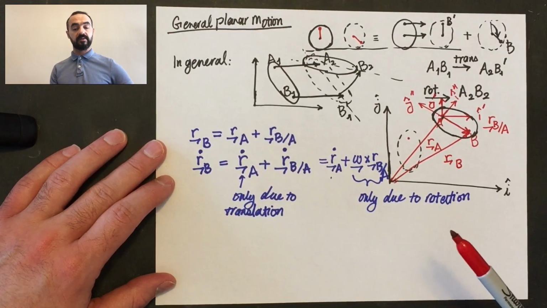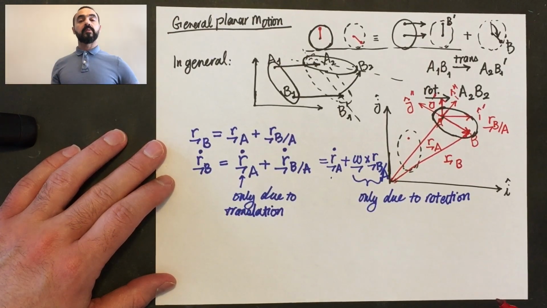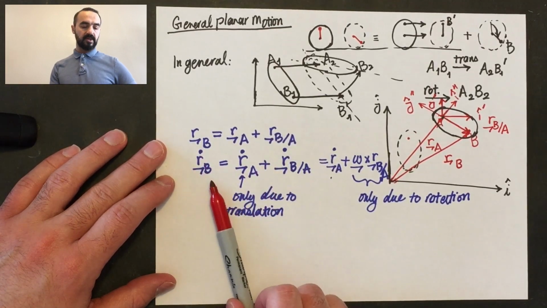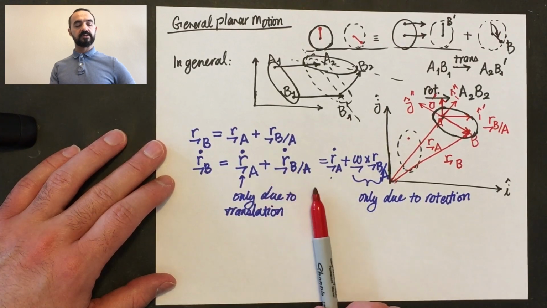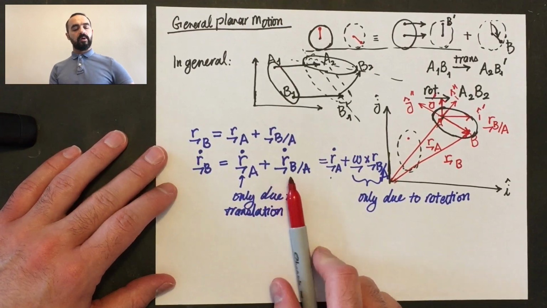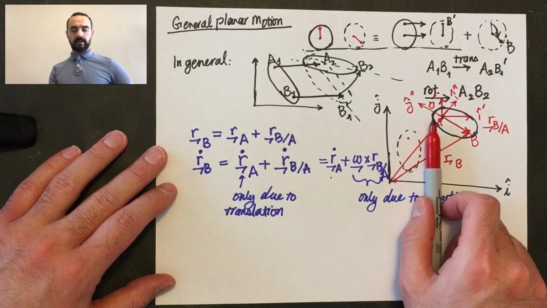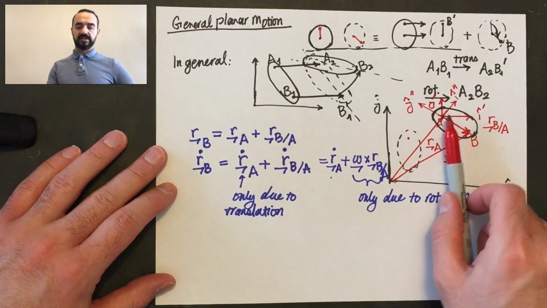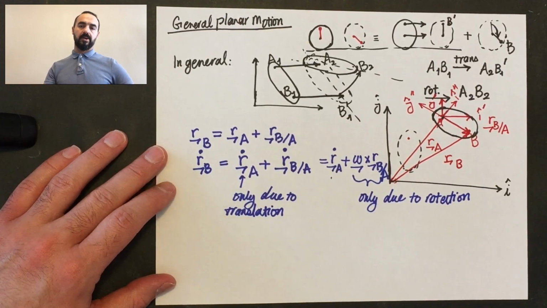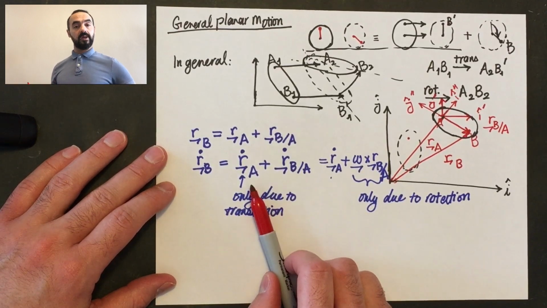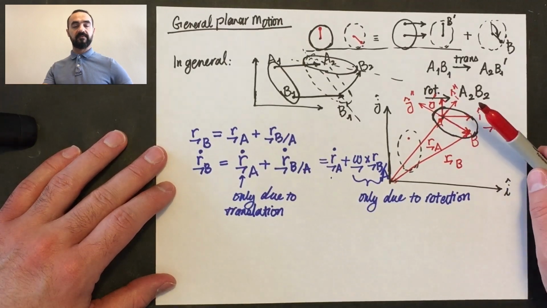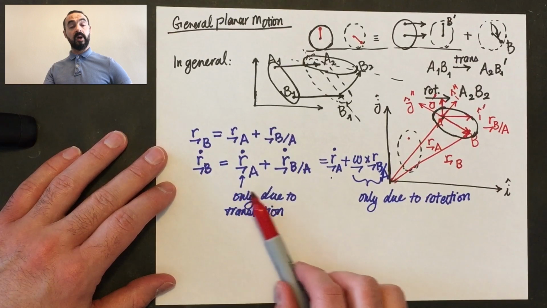And if I differentiate this, because what we are interested in at the end is velocity and acceleration of this rigid body, I get R dot B equal R dot A plus R dot B with respect to A. Now, R dot A: we said that the body translates initially, and then at this instant of time rotates about A. So the motion of A can be described by its translational vector, because at its final point, the body rotates about A.